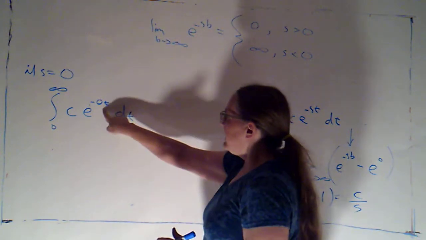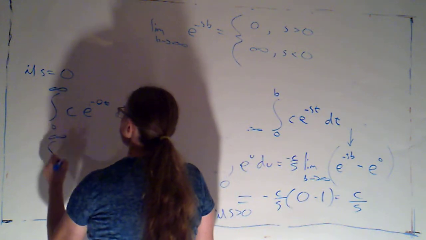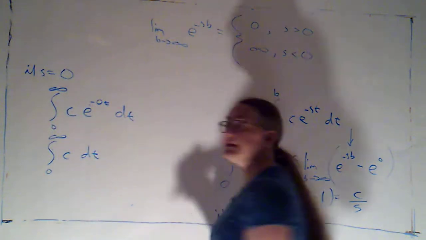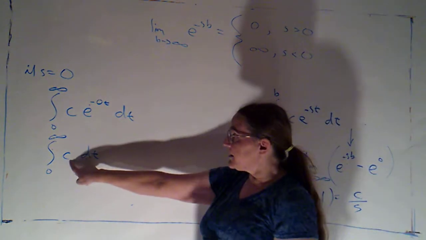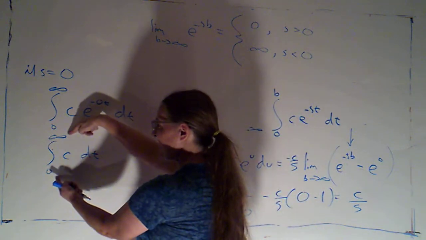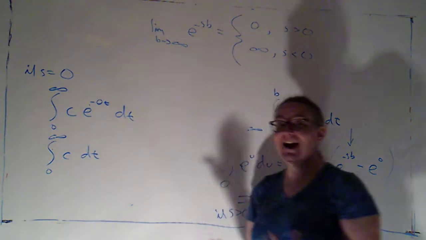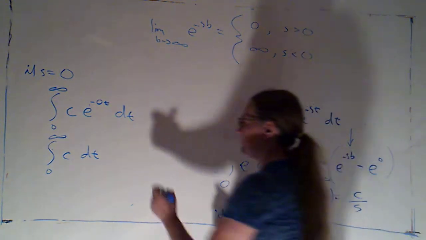That's going to be just the integral from 0 to infinity of c dt. Now, here, we're basically finding an area with an infinite base and a finite non-zero height. This is going to diverge.